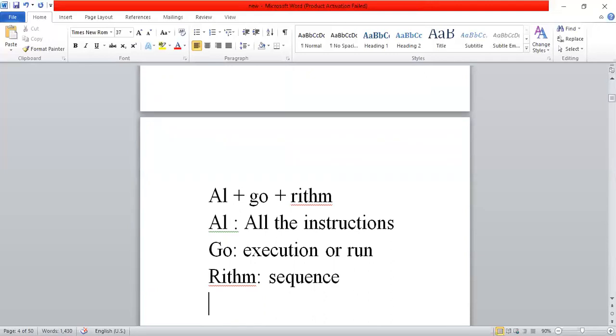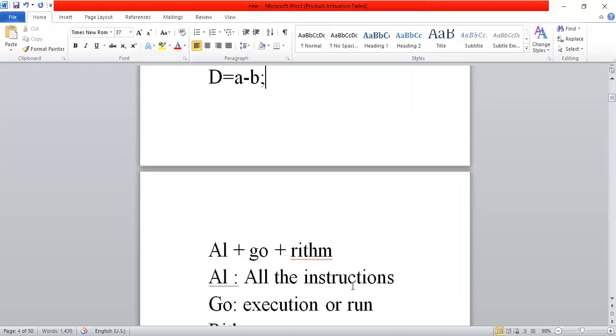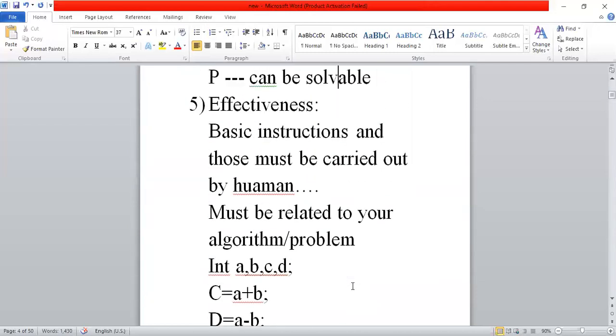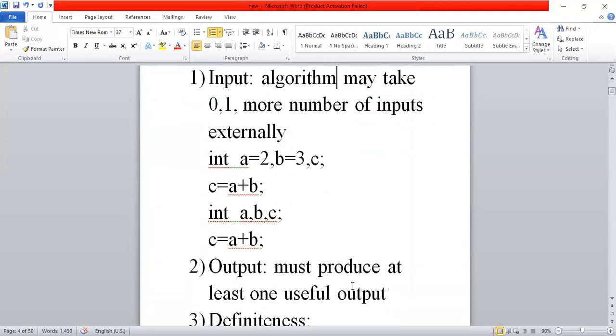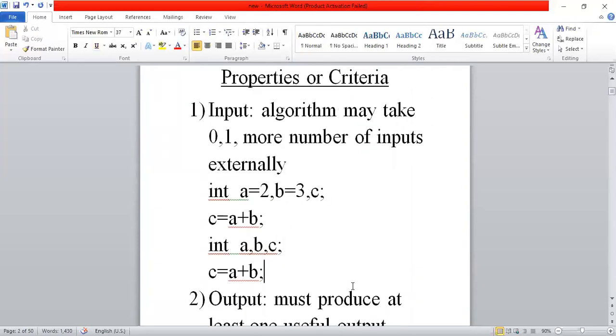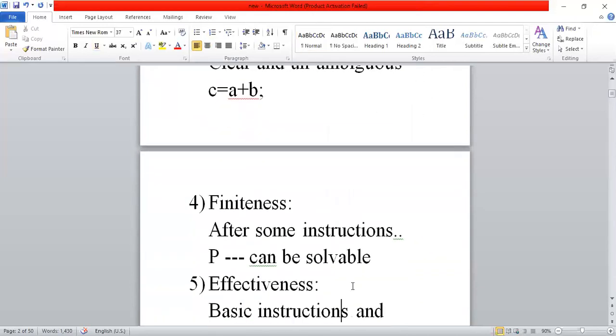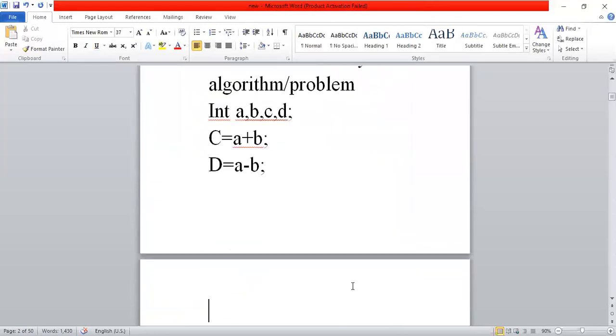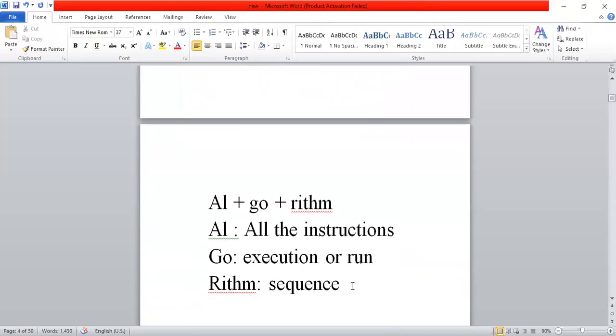I showed how we can remember the algorithm definition just by splitting algorithm into different subwords. Is it clear? Now in this video, I explained the properties of an algorithm and the definition, and how we can easily remember the algorithm definition just by splitting algorithm into subwords.